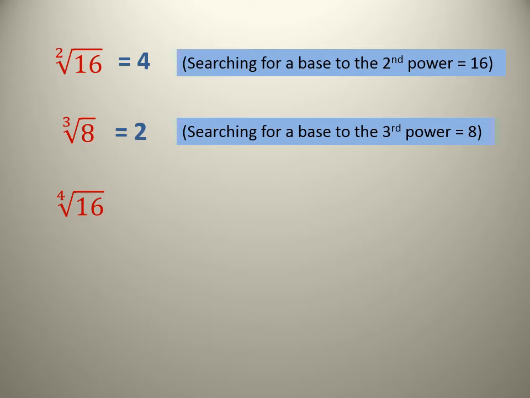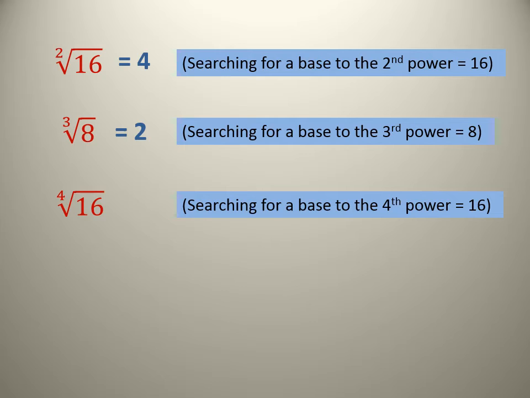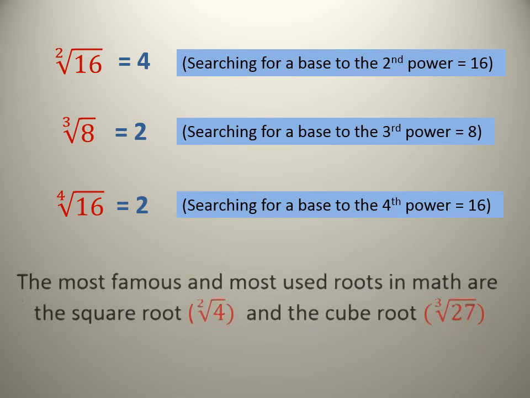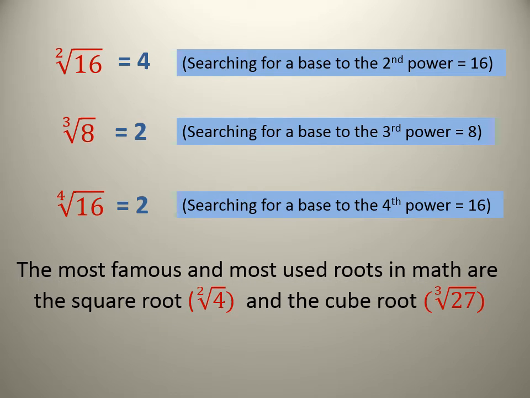Same idea, the fourth root of 16 equals 2 because 2 times 2 times 2 times 2 equals 16. The most famous and most used roots in math are the square root and the cube root.